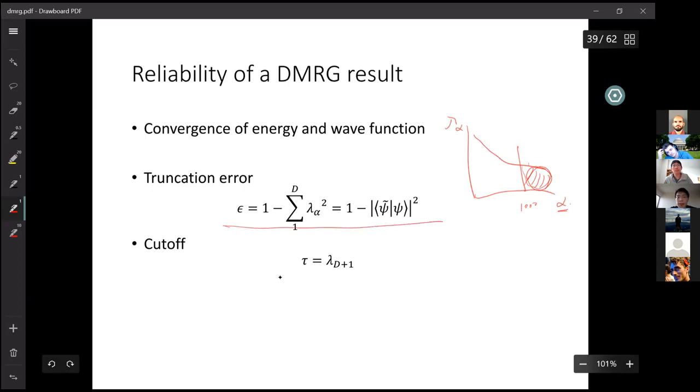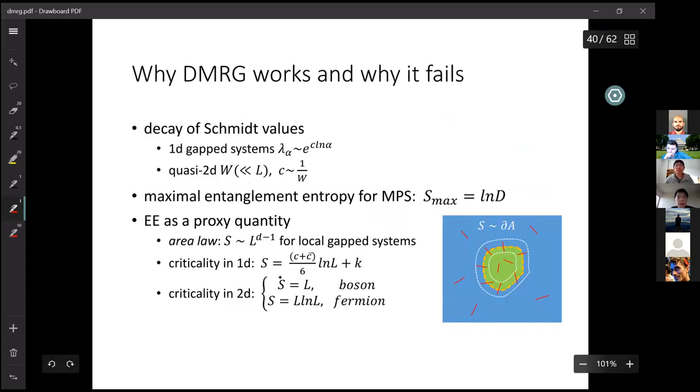That's given by this, which tells you how much fidelity is lost in this truncation. The other criterion is called cutoff, which is given by the largest Schmidt value that you are discarding. Usually I think 10 to the minus 8 is a reasonable cutoff that's acceptable.